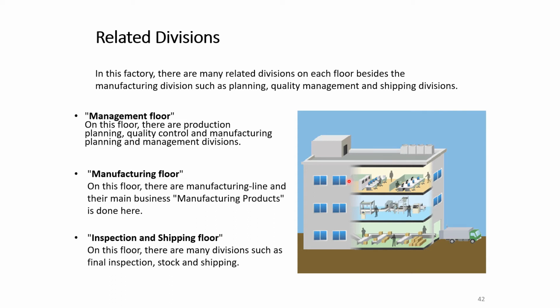So here you see the management floor. The next one is the manufacturing floor, and the last one is the inspection and shipping floor. And you could see the truck is waiting at the door of the warehouse to be loaded with the product.